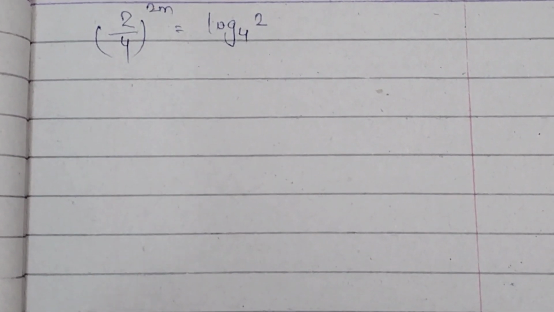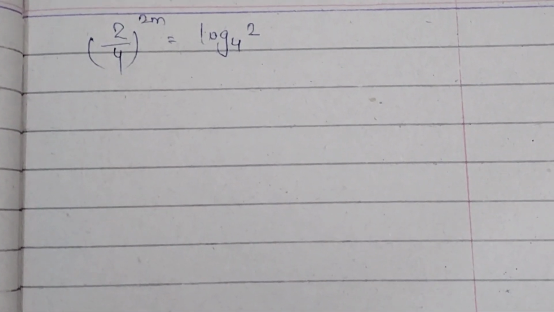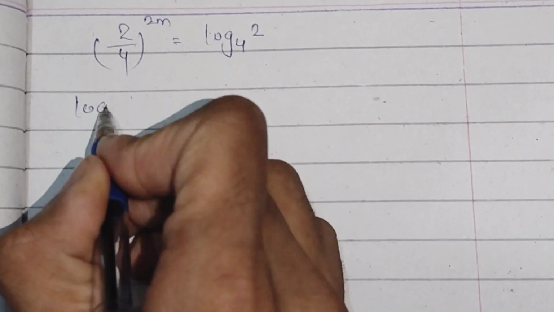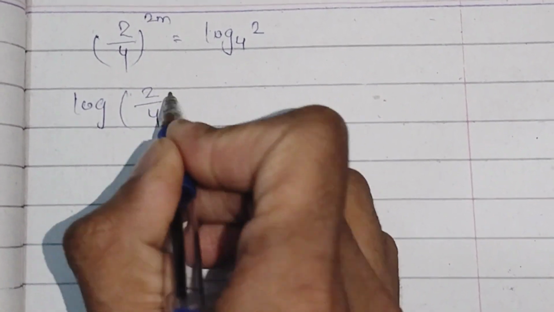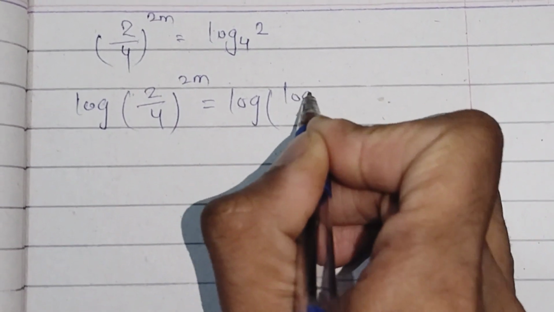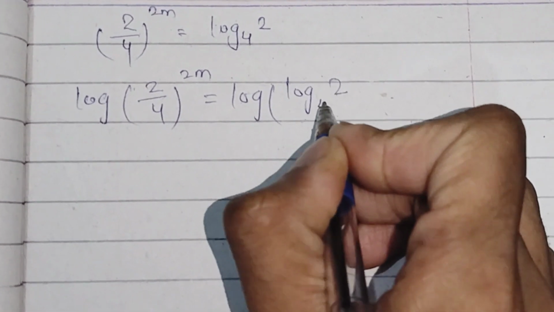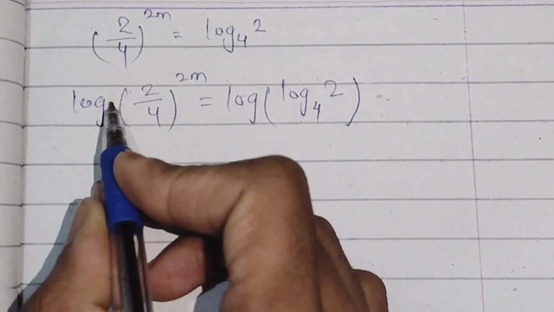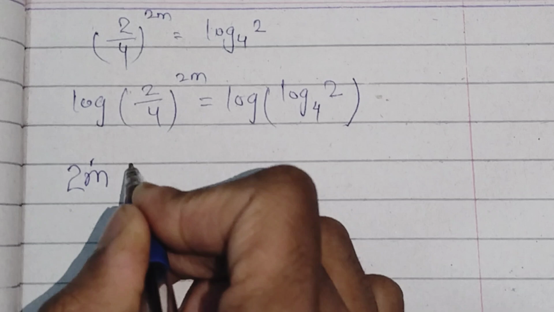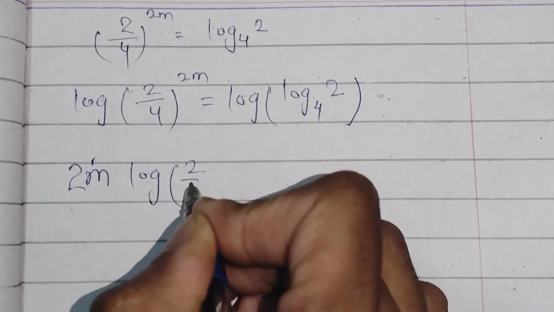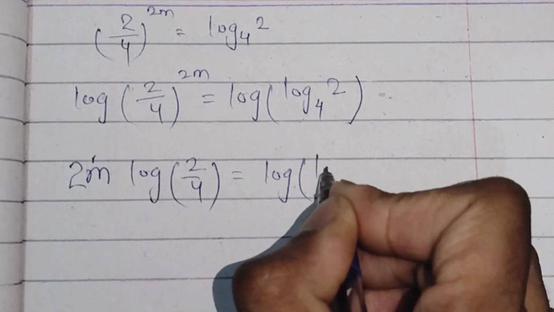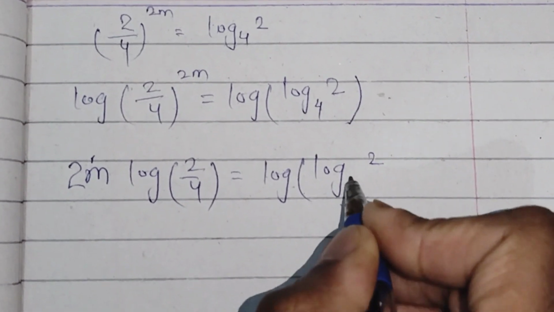Now we will take log on both sides, that is log of 2 by 4 power 2m equals log of 2 with the base 4. So log of a power b will be 2m log of 2 by 4, and this log of 2 with the base 4.